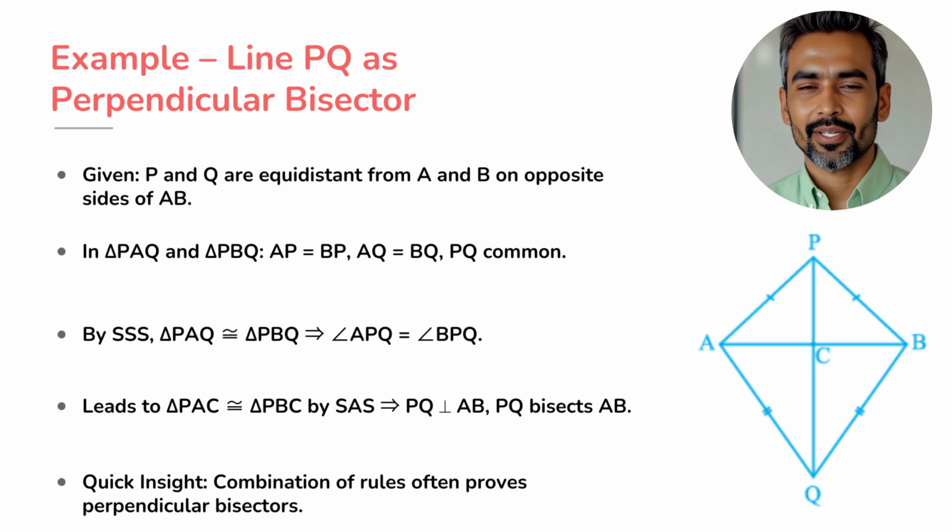So, with a simple combination of side-side-side and side-angle-side, we have proved that line PQ is the perpendicular bisector of line AB. Here's the quick insight. Often, you don't need new theorems for perpendicular bisectors. A clever combination of congruence rules is enough.